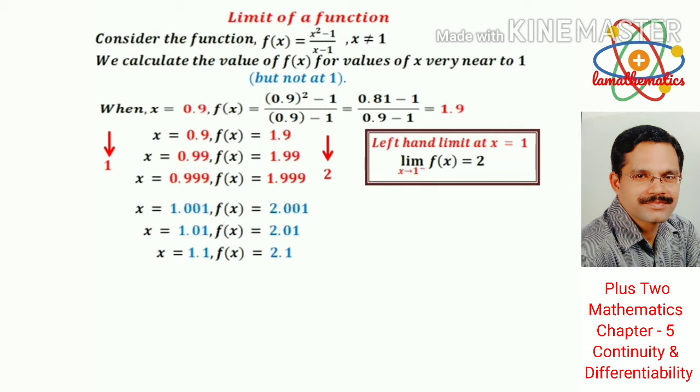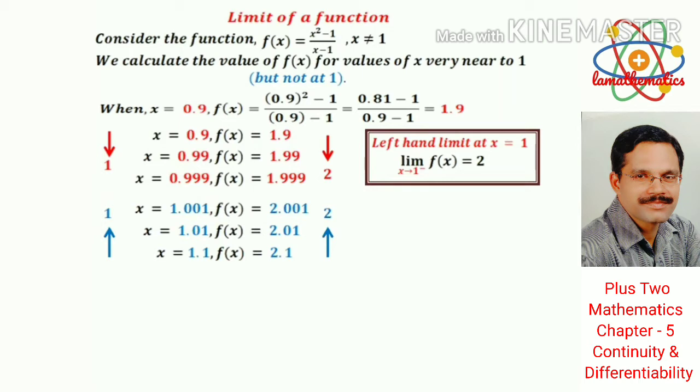When x equal to 1.001, we can calculate f of x equal to 2.001. That is, when x approaches from the right side of 1, that is a value greater than 1, that is x decreases to 1, the value of f of x approaches 2.